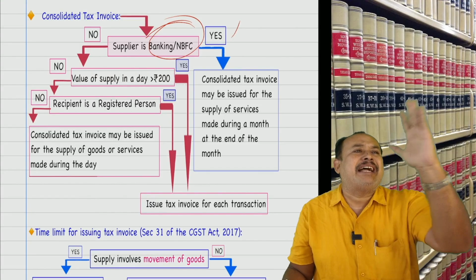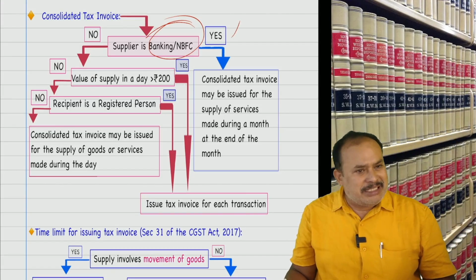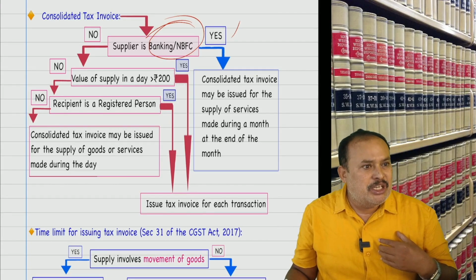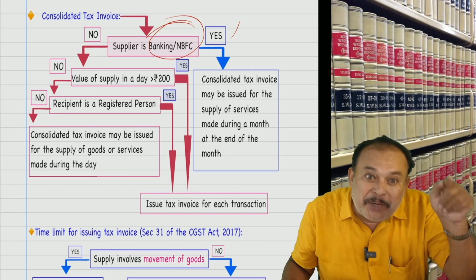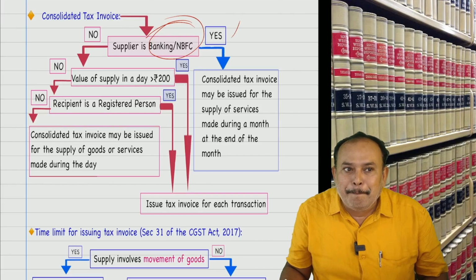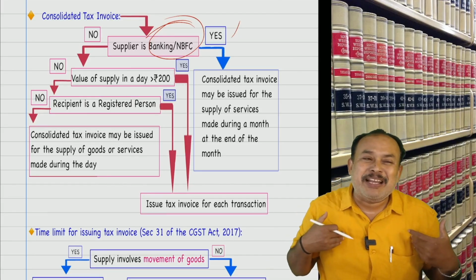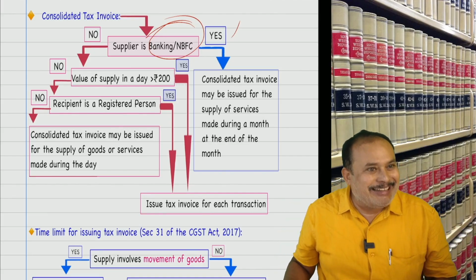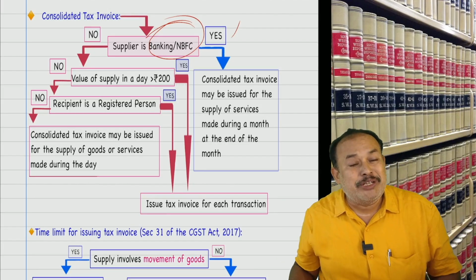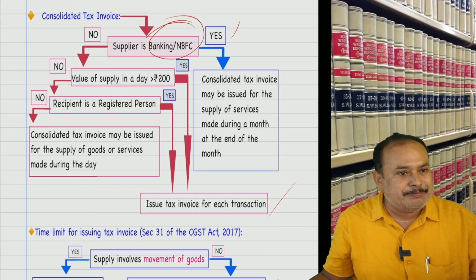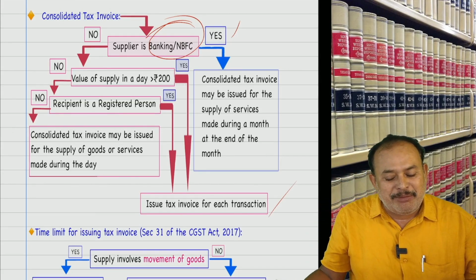Am I required to issue a tax invoice or not? Yes, because who am I? A registered person. To whom did I issue? To a registered person. Meaning what? B2B. As long as it is B2B, and the supplier is not a banking NBFC, irrespective of the value, I should issue a separate invoice for each transaction. Are you getting my point?